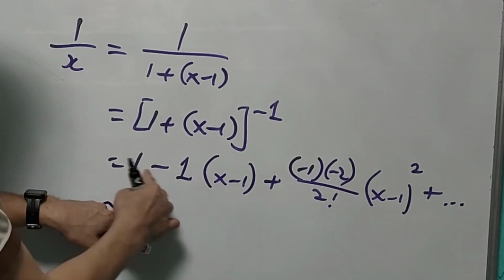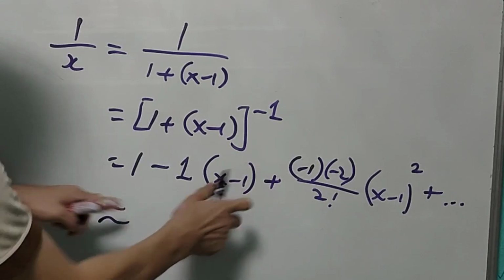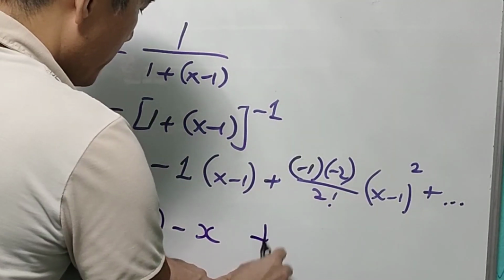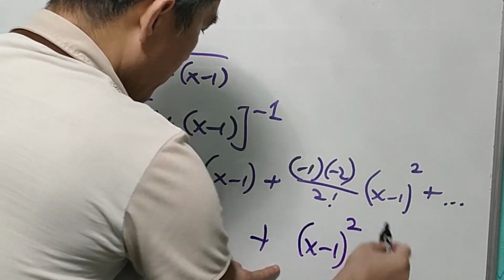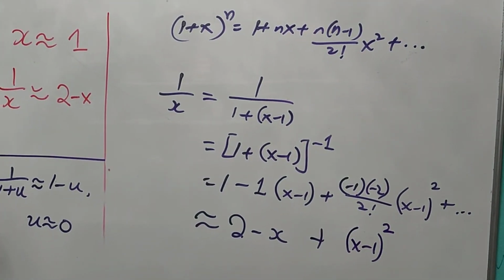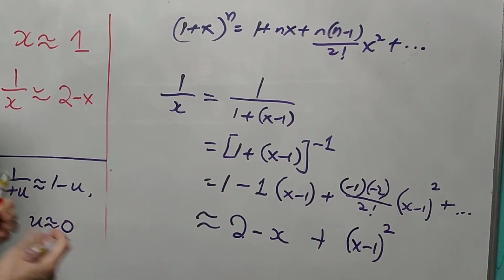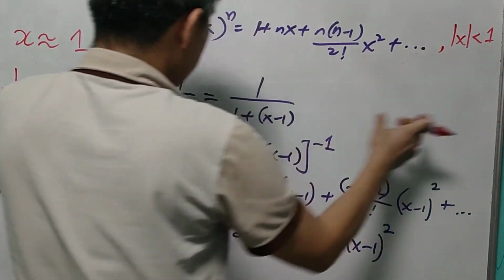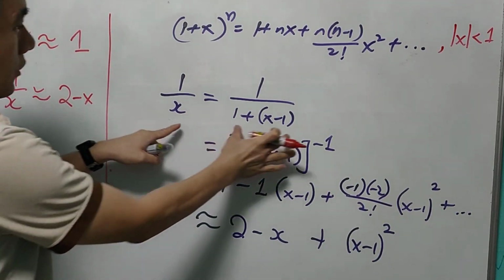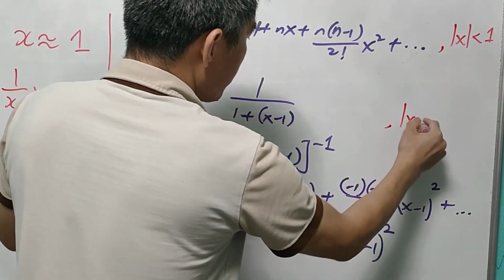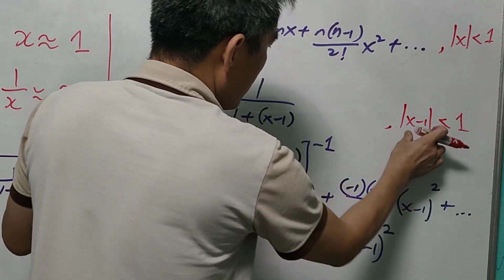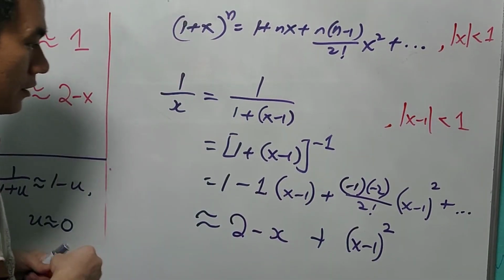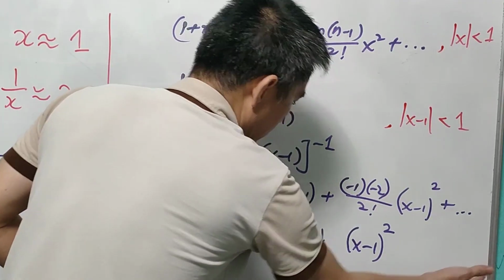So we can just approximate these two. The first two terms, 1 minus (x minus 1), so it's 2 minus x. And for this, it will be (x minus 1) squared. Of course, this is true with the condition that the absolute value of x minus 1 is less than 1. So if this is very close to 0, it will be better because all the terms at the back can be ignored.